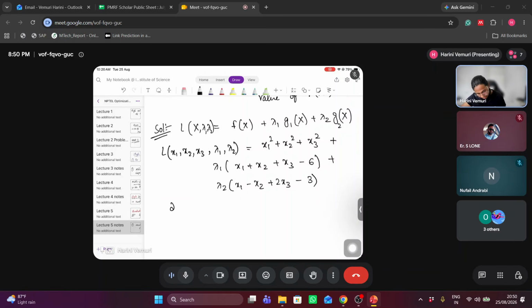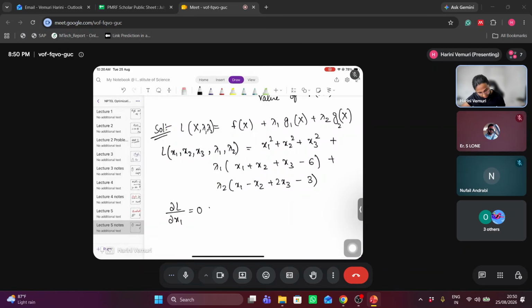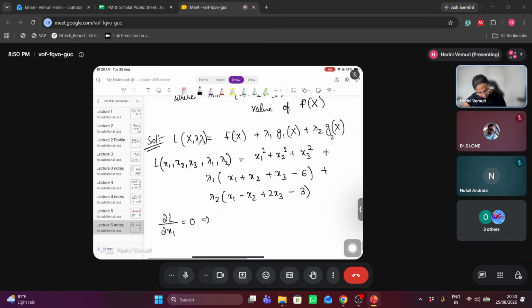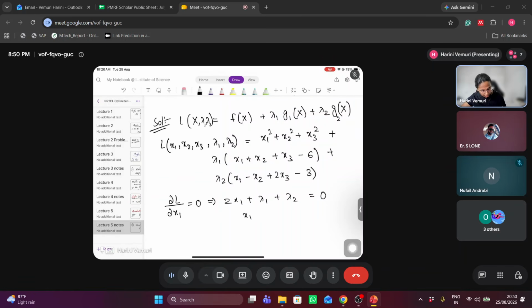So what conditions will we have then? Dou L by dou x1 equal to 0, so that's 2x1 plus lambda 1 plus lambda 2 equal to 0. So x1 is equal to minus of lambda 1 plus lambda 2 by 2.